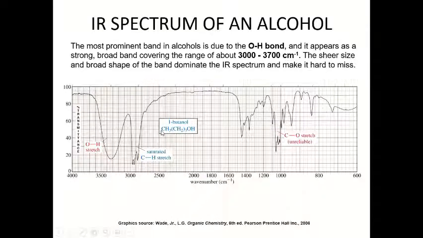The sheer size and broad shape of the band dominates the IR spectrum and makes it hard to miss, right? It is easily shown even when you have a sample that contains water. It can also be confusing. It must be very dry in order for you to not have these signals.